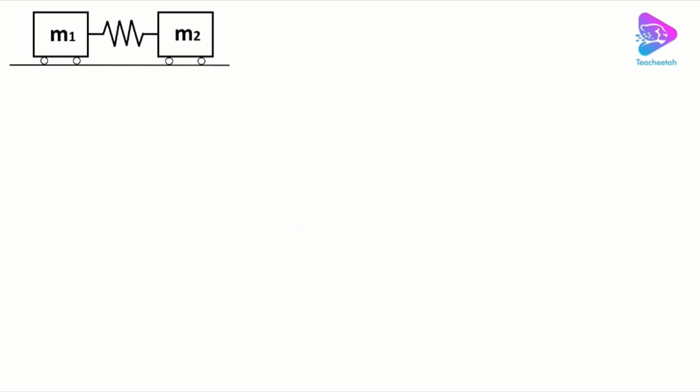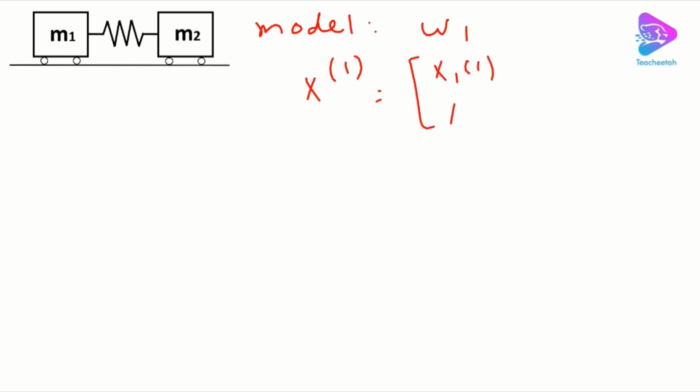So just to recall, for the first mode, mode 1, which belongs to omega 1, we have x1 equal to x11 and x21, and we know that x21 is equal to r1 x11, right? These are what we had before.